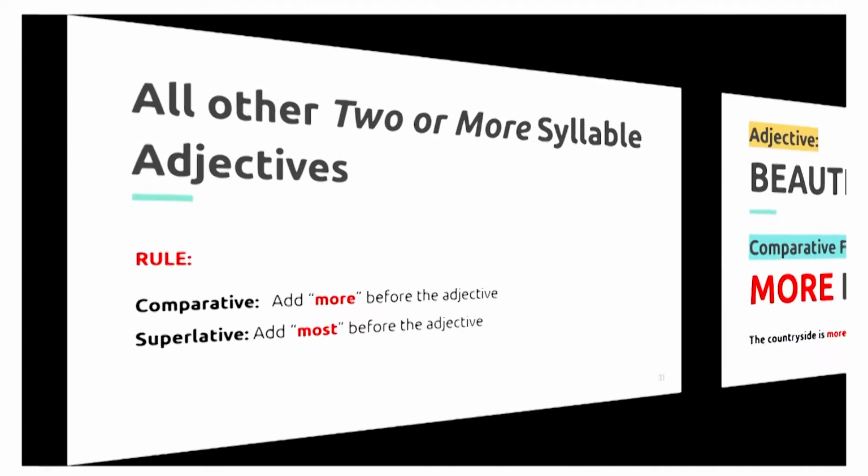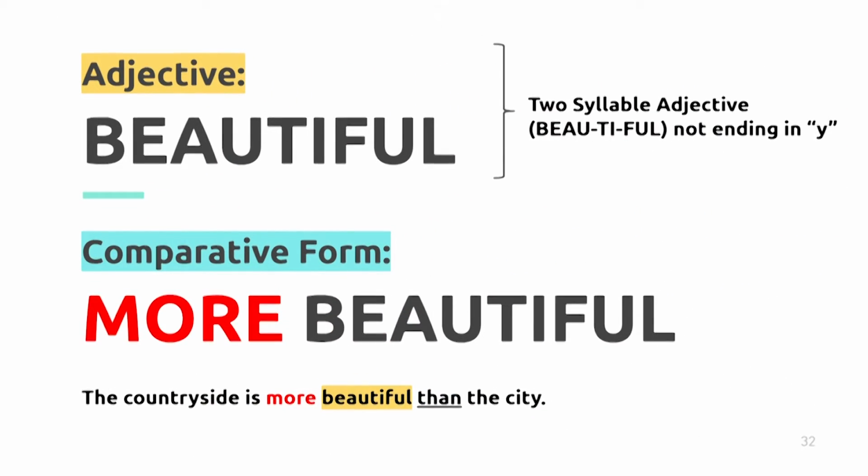For example, beautiful. Beautiful is a three-syllable adjective not ending in Y. If I wanted to compare two things in terms of how beautiful they are, I would use the comparative form by adding more before the adjective.